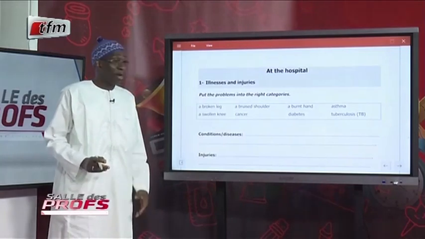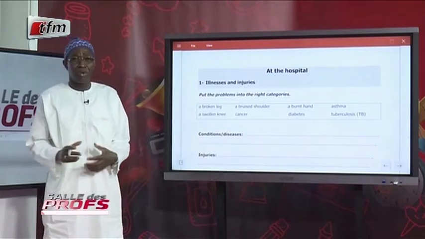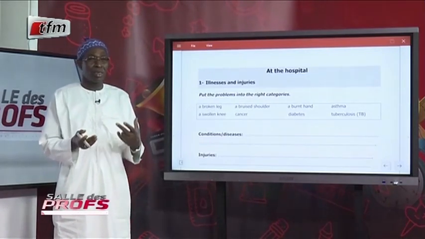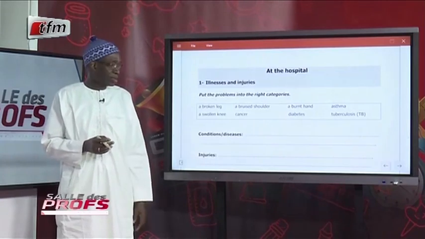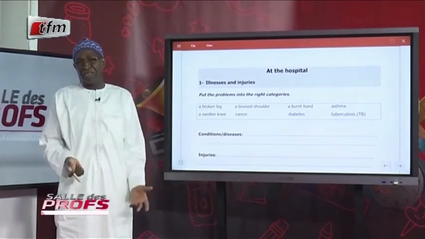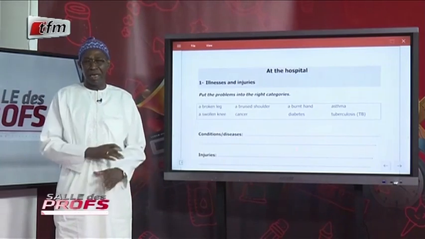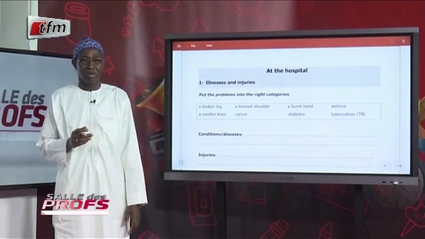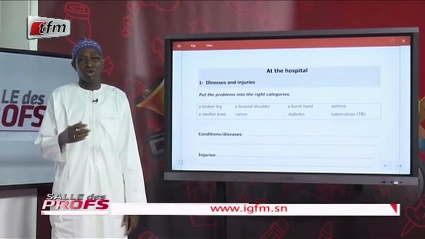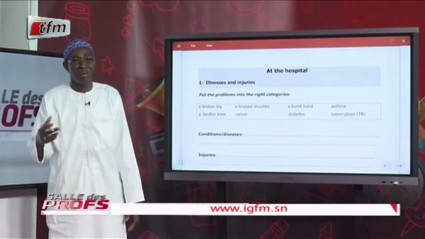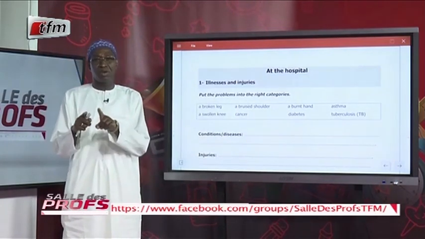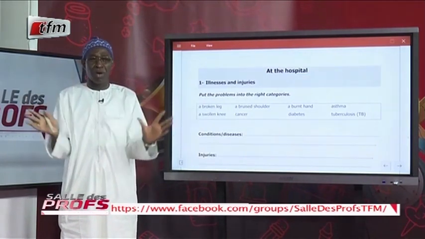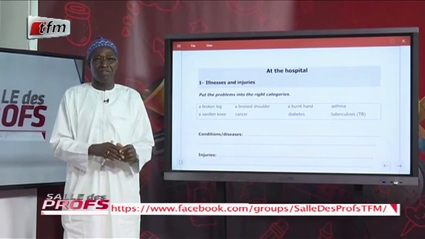So at the end of this vocabulary lesson, you will be better able to talk about illnesses, injuries, conditions and diseases in general, but also talk about the different areas in a hospital. By the end of the lesson also, you will be able to use a number of collocations, words that go together to convey meaning, always in the field of hospital.